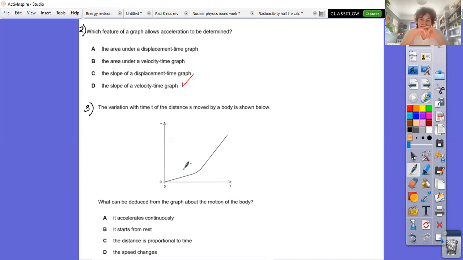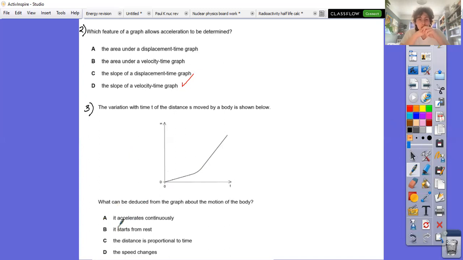We're told that at time 0, it's a very, very tricky one. If I look at the gradient of this, what would this be giving me? That would be speed. Distance over time, absolutely.